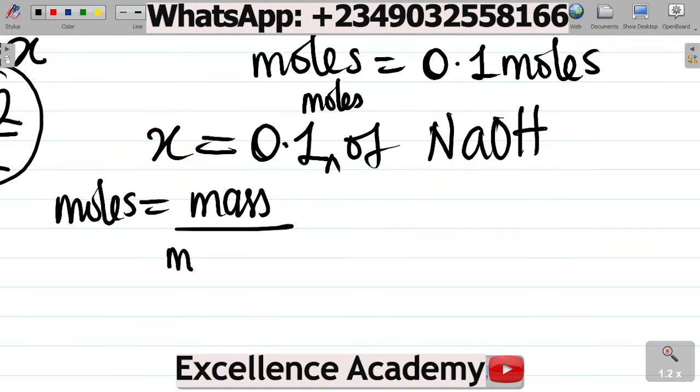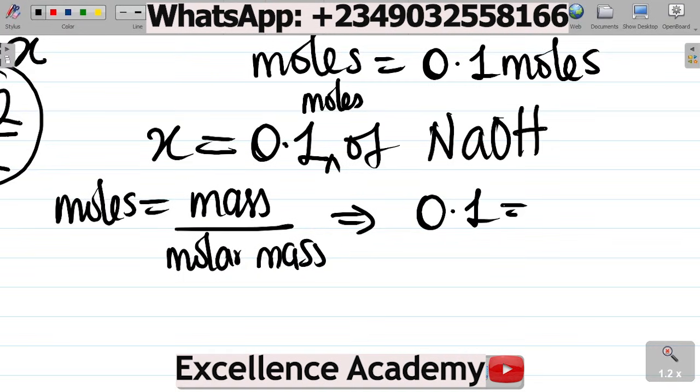So the number of moles of sodium hydroxide, 0.1, is equal to the mass of sodium hydroxide all over the molar mass of sodium hydroxide.